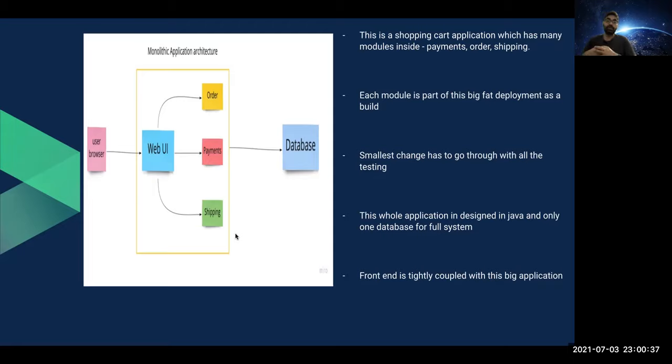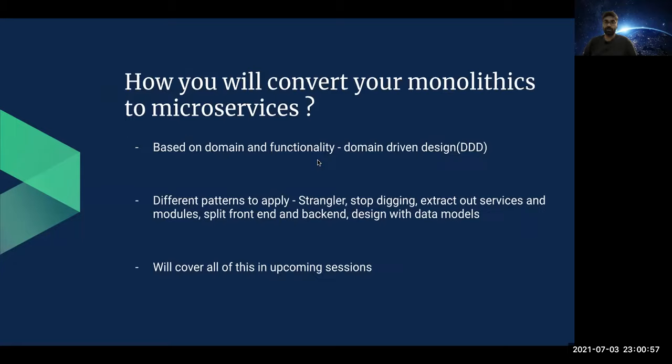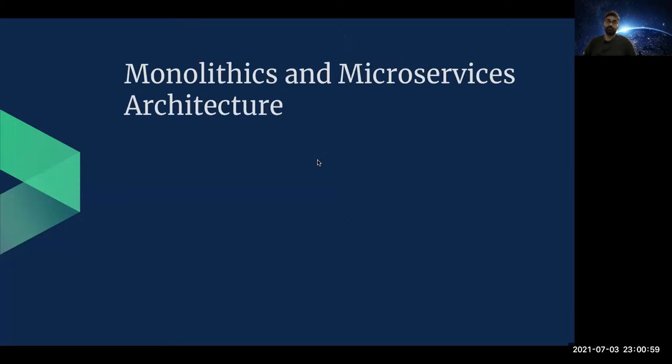Let's say we have a big billion day sale, there will be a lot of orders, and we want to scale only the order module. Then it's not that easy, because you need to retest while changing something in the order module. We need to make sure it is not affecting the others.